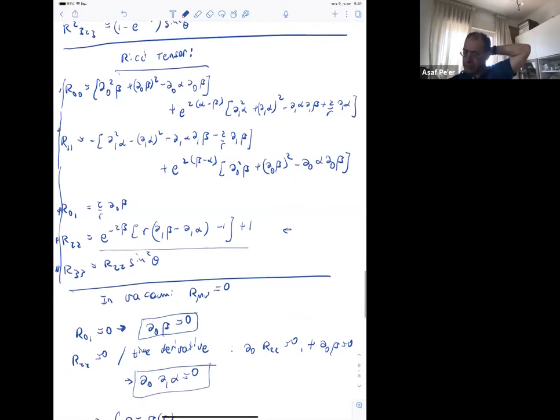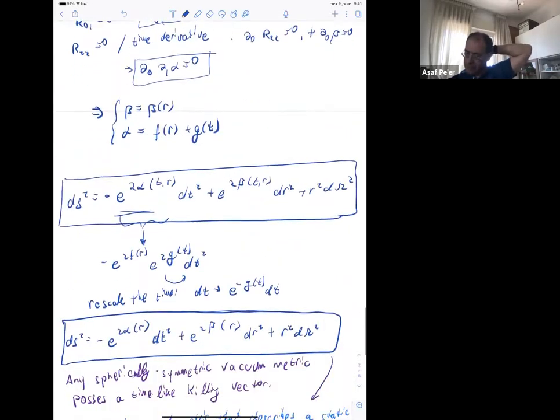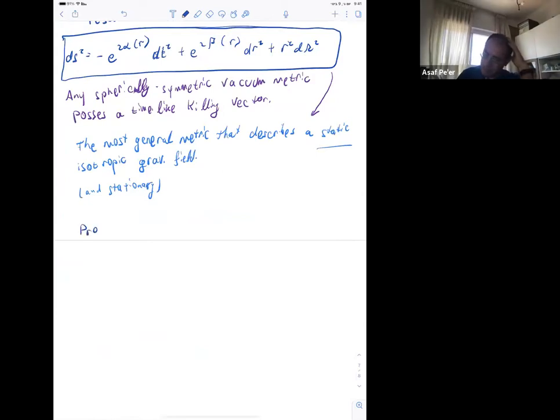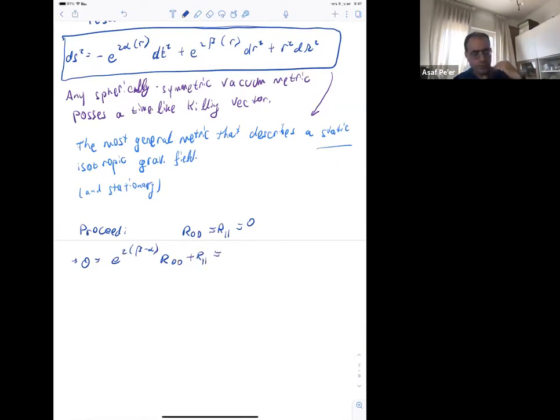We know that R00 and R11 are equal to 0. So we take the linear combination e to the power 2 beta minus alpha R00 plus R11. When you plug it in, you find that this is 2 over r of d1 alpha plus d1 beta.